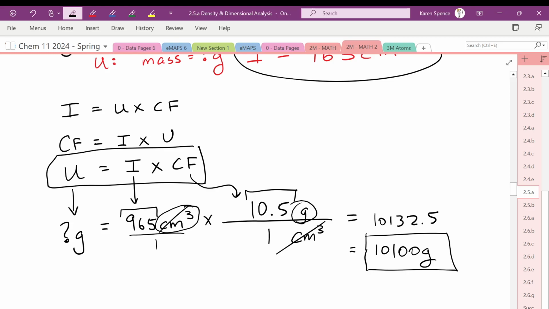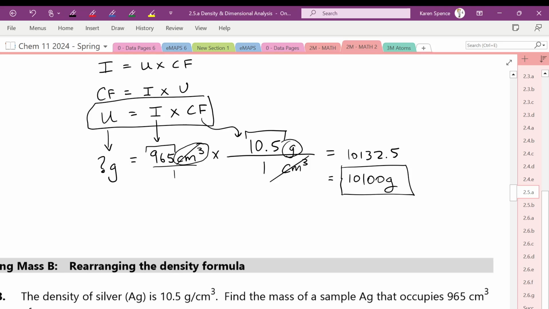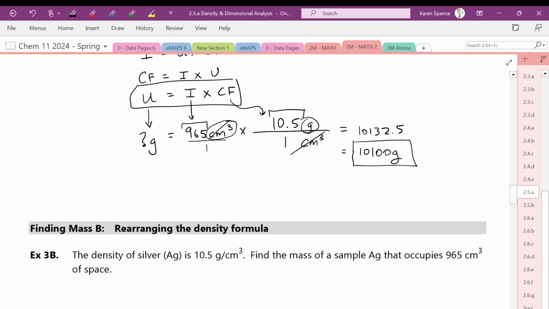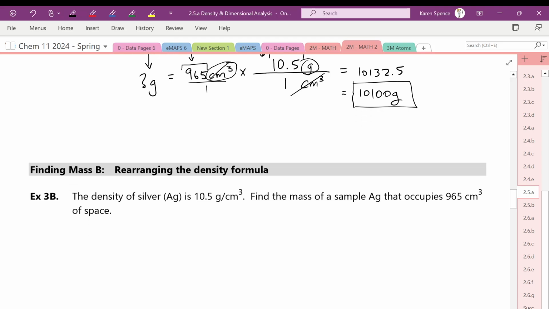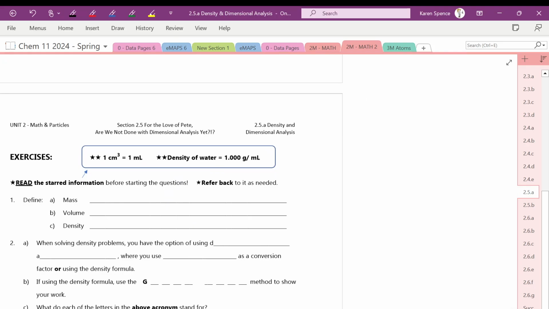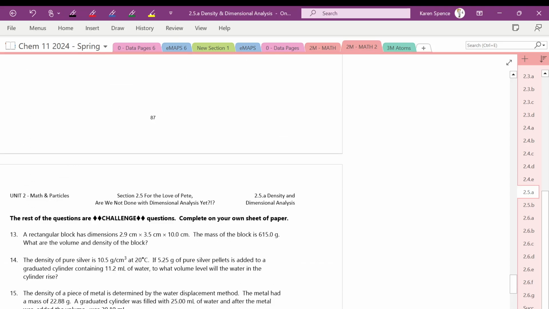Anyone want to see it using the formula? Yes? Okay. So for anyone who wants to use the formula, I'm going to show that. If not, feel free to go and work on those questions. It would be the exercises on pages 86 and 87.